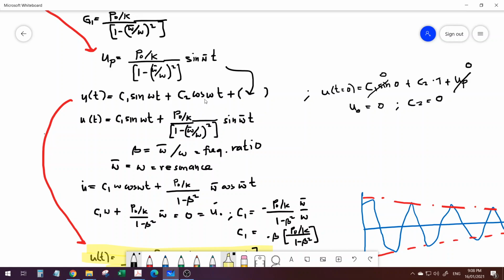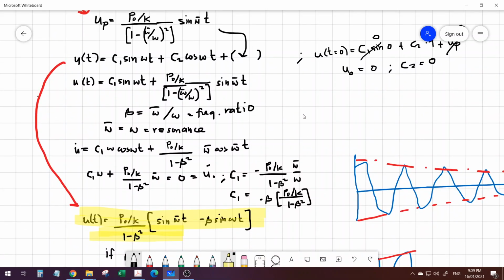Every cosine 0 is definitely 1. And our u sub p at t equals 0 is P naught over K times sine 0, which is simply 0. So all the other terms here are 0. That leaves our C2 equal to 0, because our u naught, or u at time 0, is equal to 0. So therefore, the term C2 cosine omega t disappears.